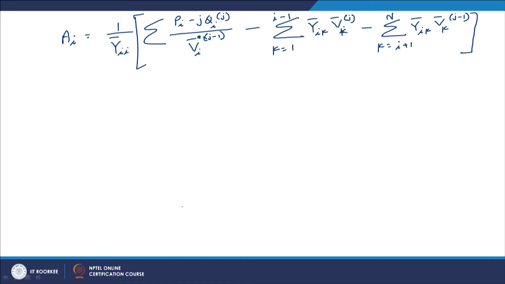So, this is the ith bus, this is the jth iteration, and k is the bus count. For any bus which is before this ith bus in the sequence, we already know this updated value, so we use it. For any other bus which is after this bus in the sequence, we have not yet updated their voltage magnitude and angle, so we use their previous iteration value.